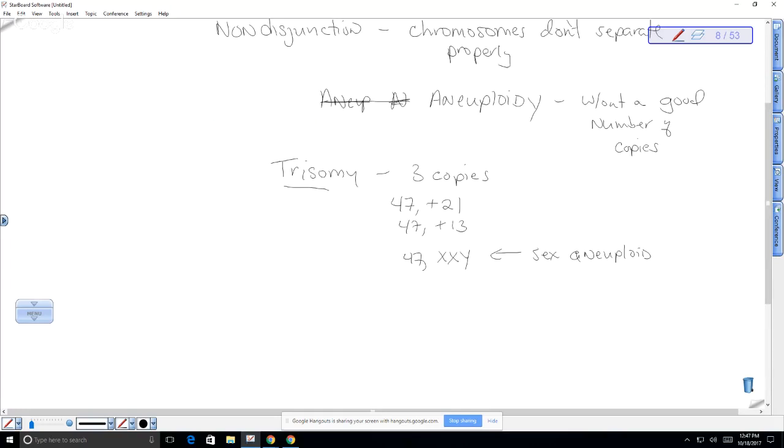Now, the other thing that we can have happen during meiosis is we could have chromosomes breaking. So we could say that we have damage to chromosomes. Right? So in some instances, we have chromosomes that are missing pieces.